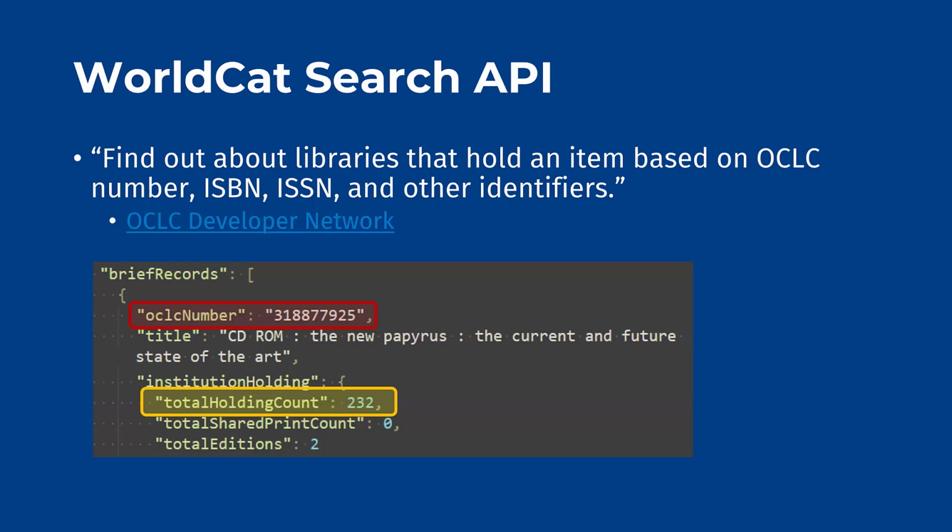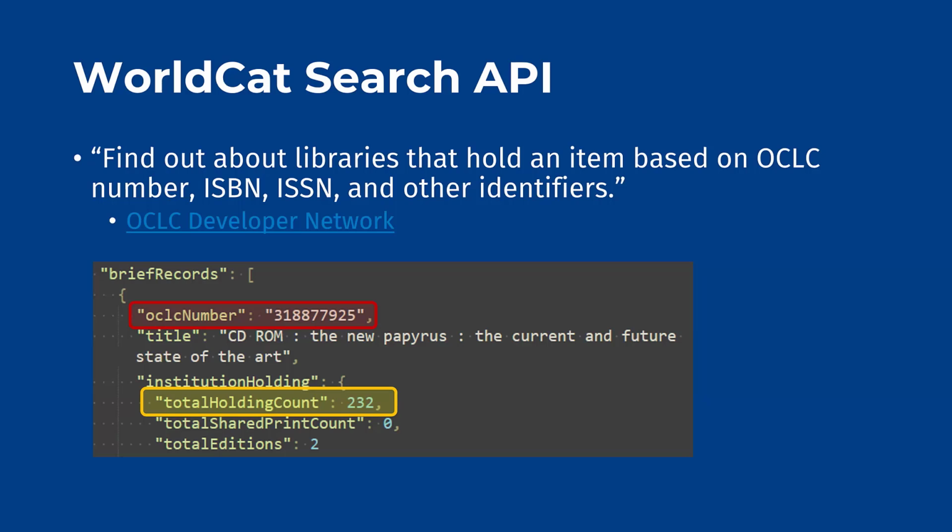So in searching for potential tools we could use, I found documentation for the WorldCat Search API, which seemed like a promising option from OCLC's developer network site. You can see it states that you can find out about libraries that hold an item based on an OCLC number.